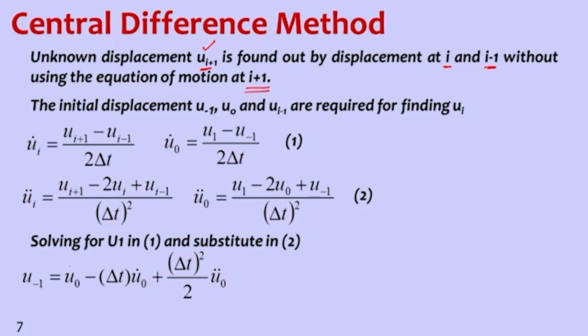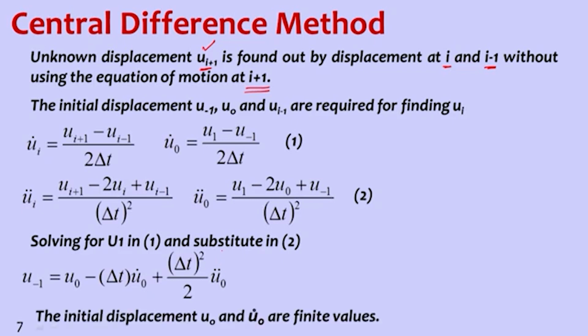So, we know initial displacement and initial velocity, but how about initial acceleration? For finding initial acceleration at time i is equal to 0, if u0 is 0 and u dot 0 is 0, before the start of vibration, initial displacement is also 0, initial velocity is also 0.